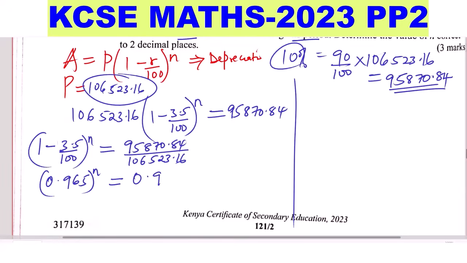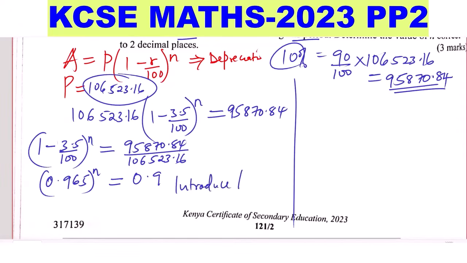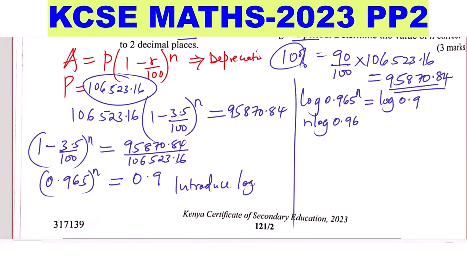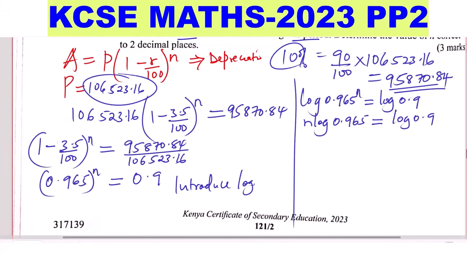So how do you get n? Now to get n here, you'll have to introduce logarithms. This is how you're going to do it. The logarithm of 0.965 raised to power n is equal to the logarithm of 0.9, and that is the same as n log 0.965 equals log 0.9.